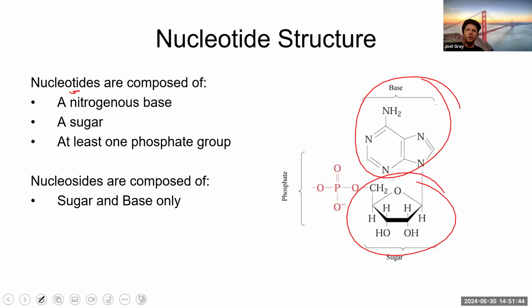Now, one key there is at least one phosphate group. Commonly, if you think about adenosine triphosphate, how many phosphate groups does that have? Three. Where are those three phosphate groups more than likely found? Which carbon? Probably on the 5'. Could they be found on the 3'?